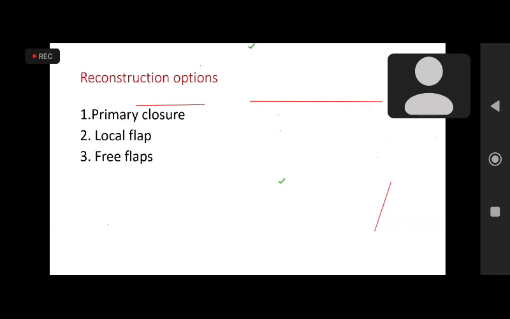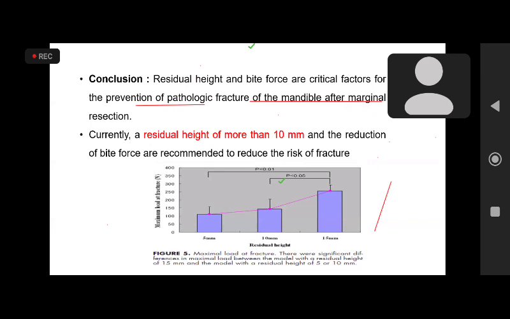The larger the remnant, the better the stability of the mandible. So never aim to keep just 10 millimeters, because anything more than 10 millimeters is definitely going to benefit the patient, not only for the robustness of the mandible, but also for your dental colleagues who are going to make the patient dentate again by putting in implants. So if you can preserve a larger height of the mandible, better.